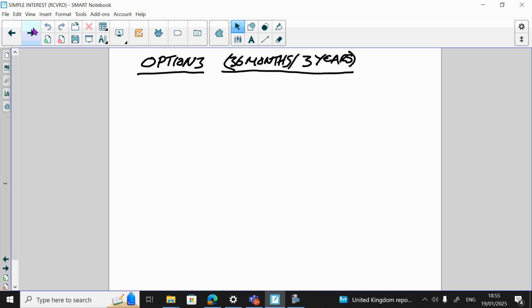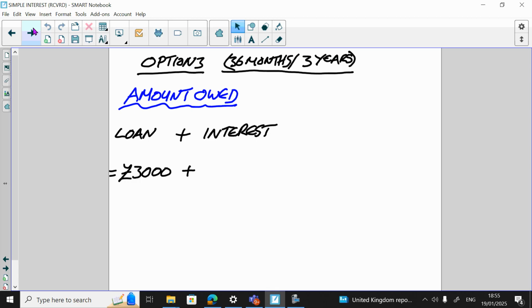Option 3, 36 months, because that's 3 years. Amount owed, loan and interest again. So the loan stays the same, 3,000, but interest is 3 times the initial per annum amount.